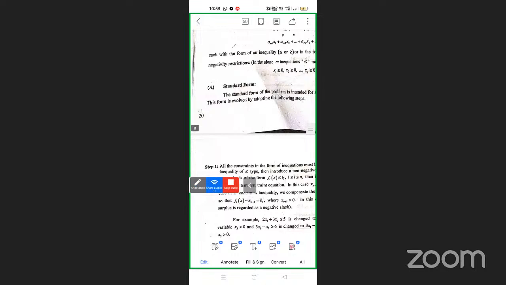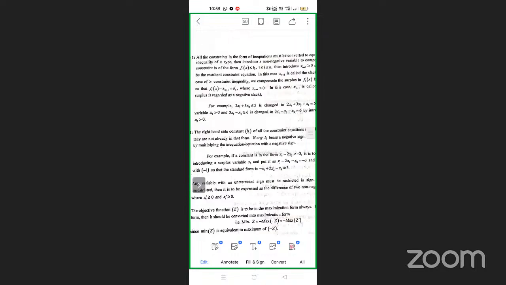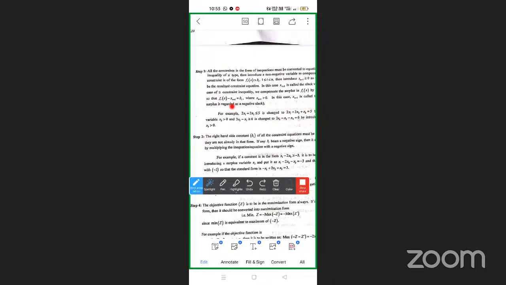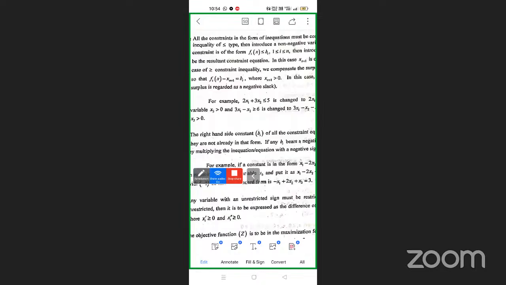So next, the second step. In the second step, the subject constraints are of the less than or equal to case. For example, 2x1 plus 3x2 less than or equal to 5 is there.